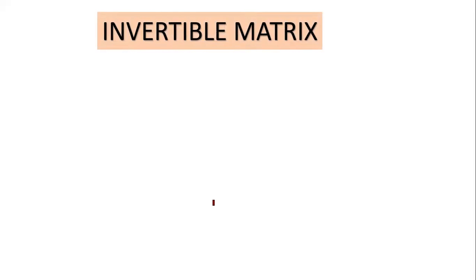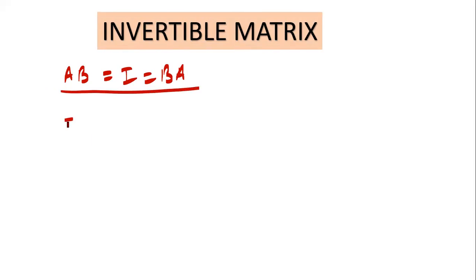Invertible matrix. Here in this video, I will explain it in brief. To know in detail about invertible matrix, operation and pattern, watch the video whose link is given in the description box of this video. So as we know that if we have AB equals I equals BA, if this condition is there, then we say that A and B are inverse of each other.